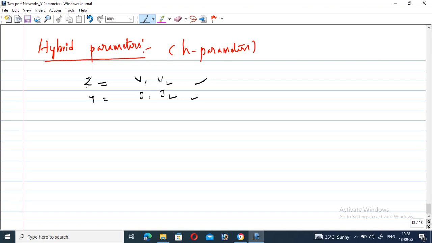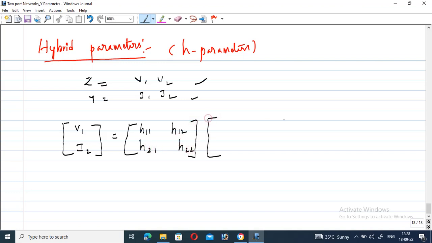Now these hybrid parameters can be represented in matrix format, V1 and I2. V1 is the open circuit parameter, I2 is the short circuit parameter. Therefore it utilizes both of these two. Here the H parameters can be represented as small h: h11, h12, h21, h22. This is also represented in the form of V1, I2, and can be written in terms of I1, V2 format.